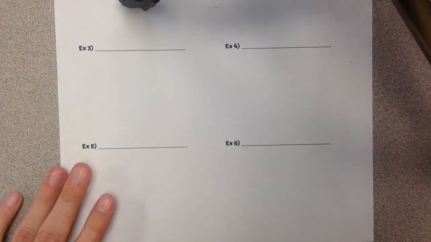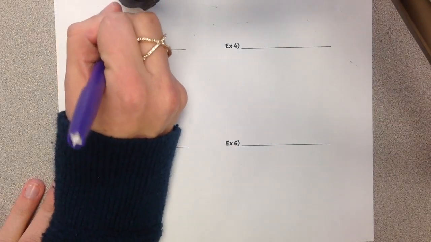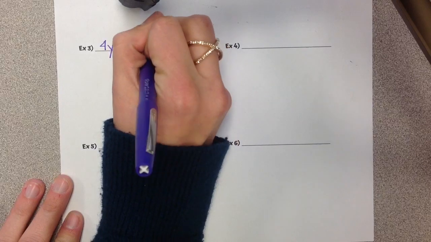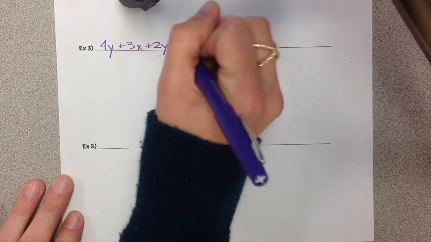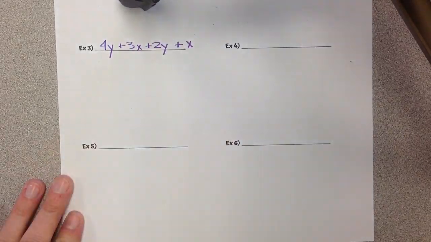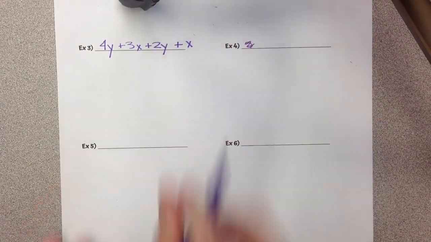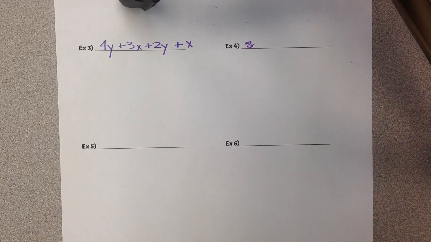Okay, example 3. We've got 4y plus 3x plus 2y plus x. And in number 4, we've got 5. Nope, we'll come back to that one. Number 3, 4y plus 3x plus 2y plus x. Again, are there like terms? Yes.